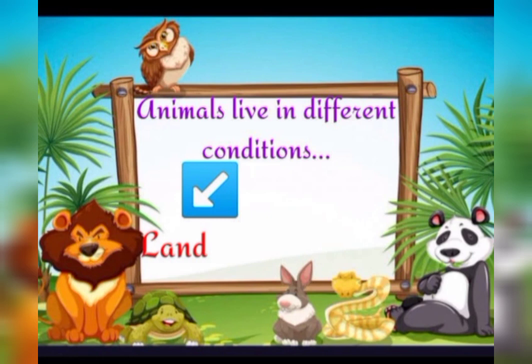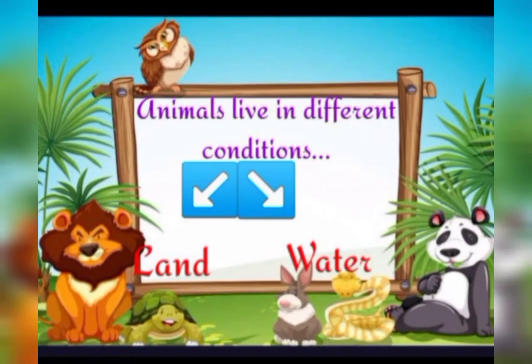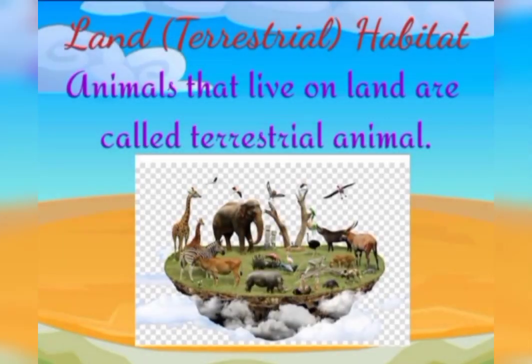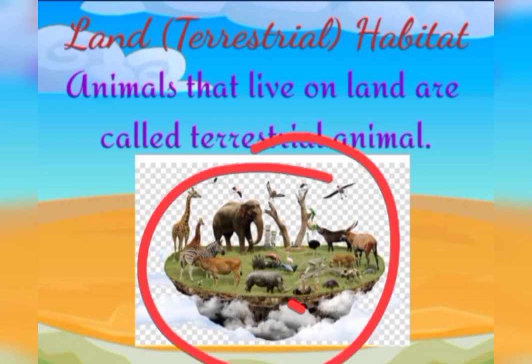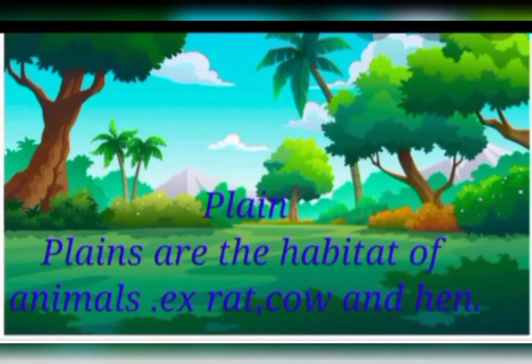First thing, land and water. First, land habitat. What is a land habitat? Animals that live on land are called terrestrial animals. Terrestrial animals can be divided into two: plains and forest. First, plains.